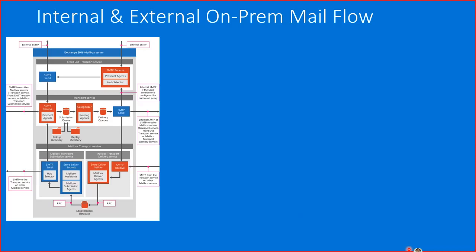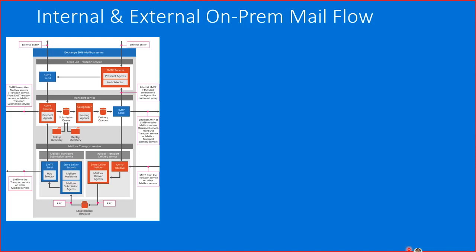Now the transport service, which is the middle section of the picture, is responsible for doing the routing, the categorization, and to also look at the message content and take action on it. So this is the service responsible for understanding how the message needs to be routed to the mailbox of the user. And in that process, the transport service also carries other functions like, does it need to create a copy of this message for journaling purposes?